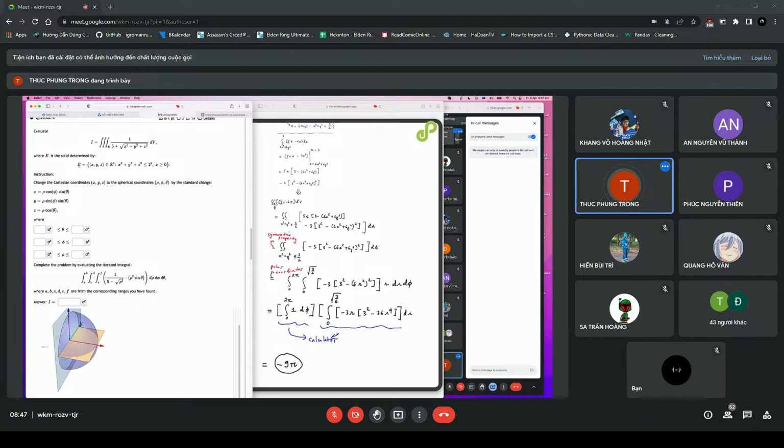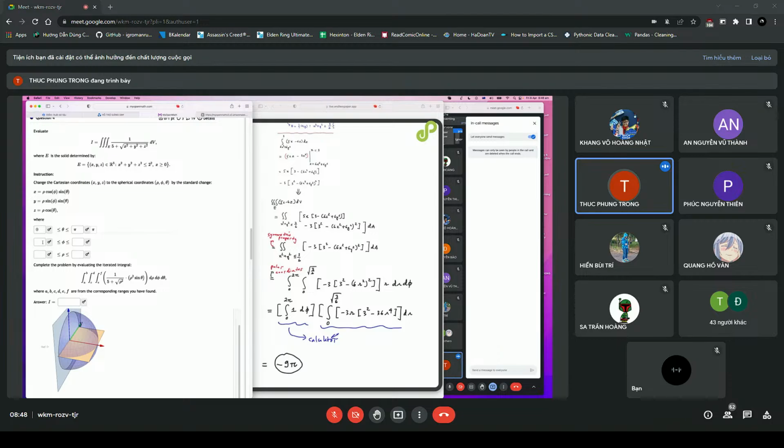For phi, it's obviously from minus pi over 2 to pi over 2, because when we project the whole E onto the plane, we get the right half of the disk. So it should be from minus pi over 2 to pi over 2. Is that all right?